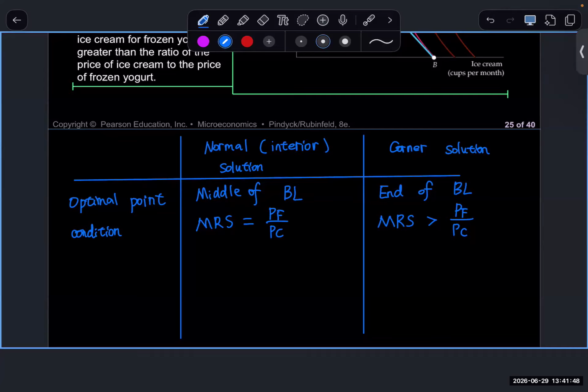Do you buy both goods? For normal solution, yes, right? You buy both of them. But for corner solution, no, you only buy one.